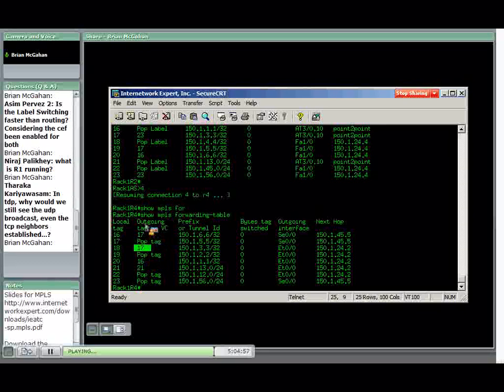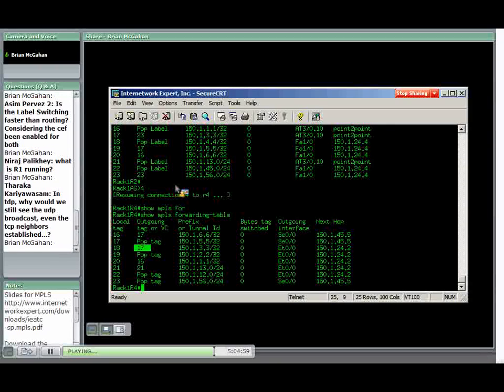Now, label distribution happens from the destination, away from the destination. It's the source of the routing advertisement, but it's the destination for the traffic.